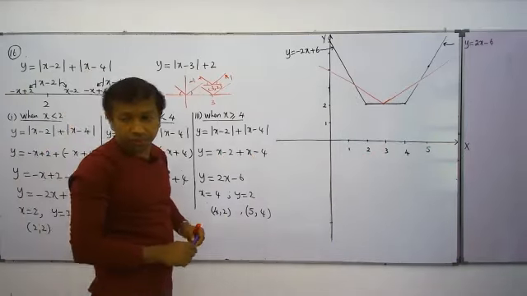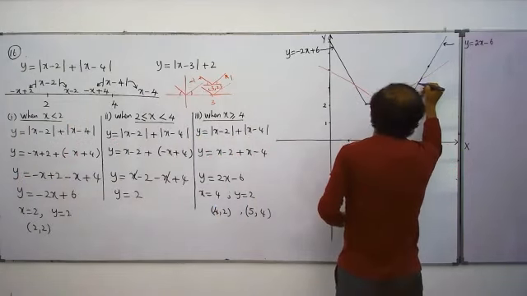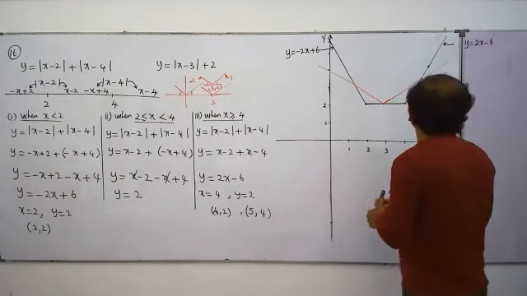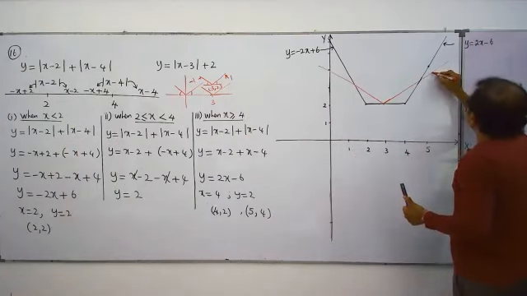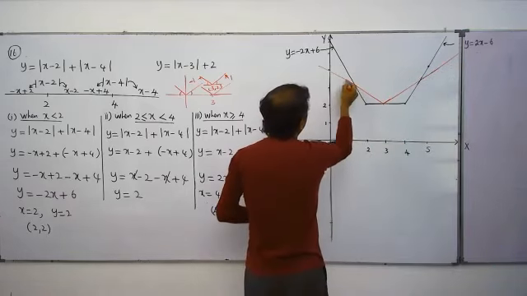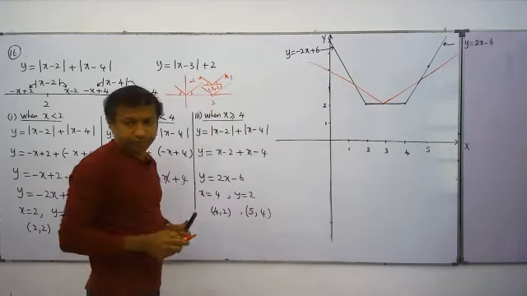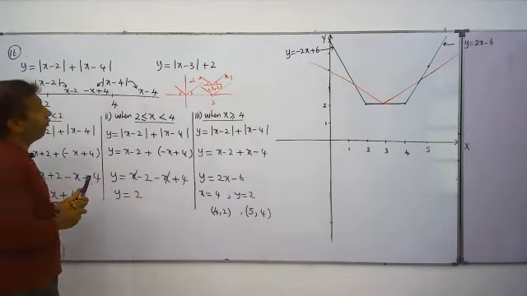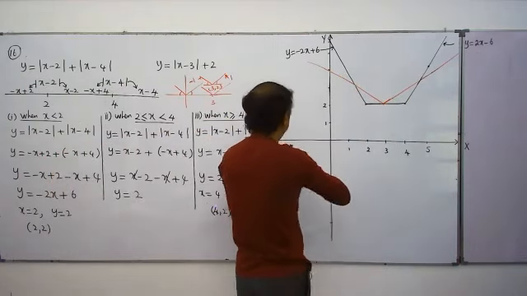You can see the board clearly, no? Okay. Now we'll see what are the equations of this right hand side branch and the left hand side branch.